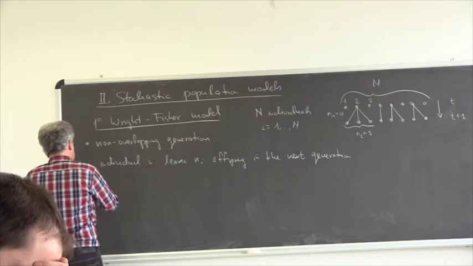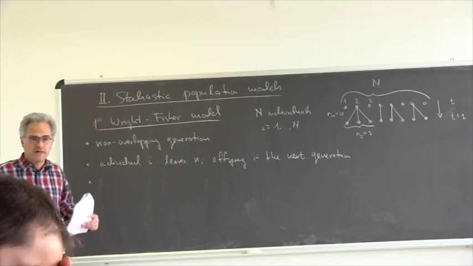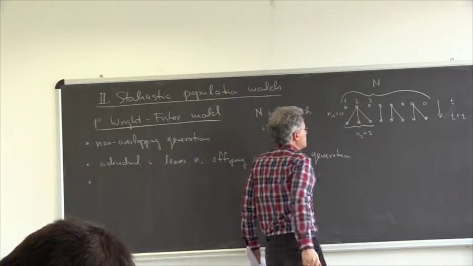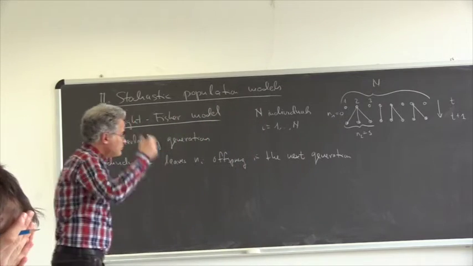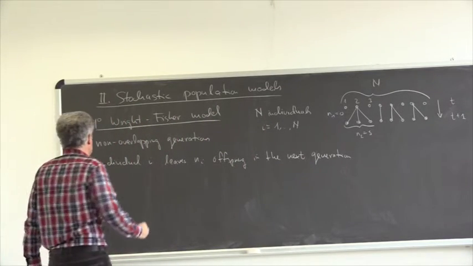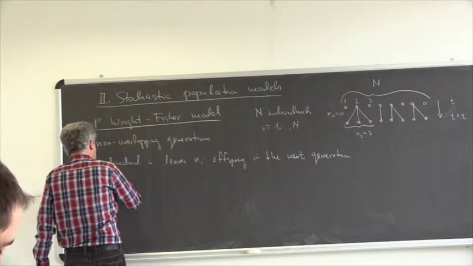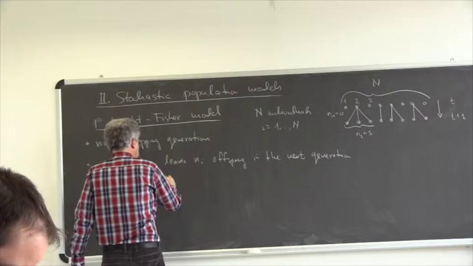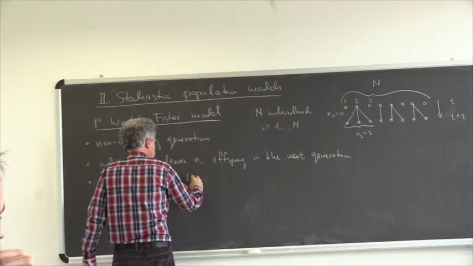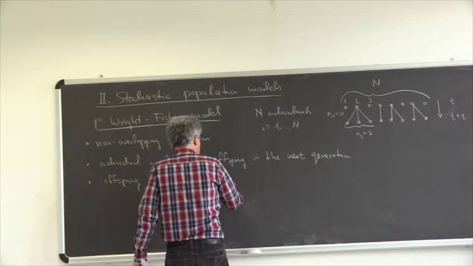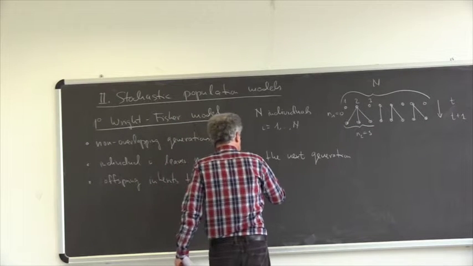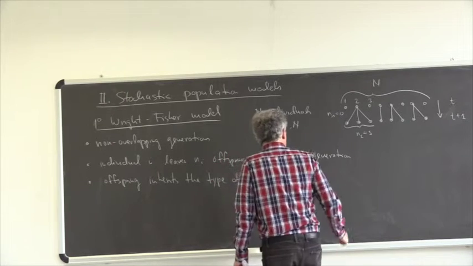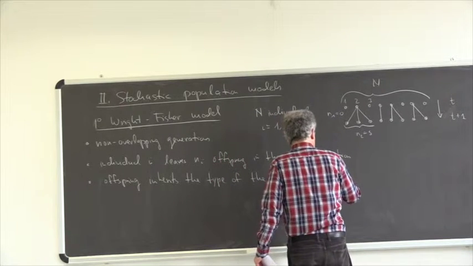The offspring, of course, inherits the type. If the parent has a certain color, or a certain fitness, then this is inherited. So the offspring inherits the type of the parent, and this includes, of course, in particular its fitness.